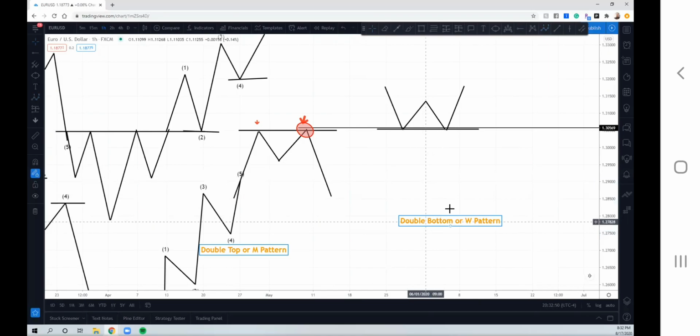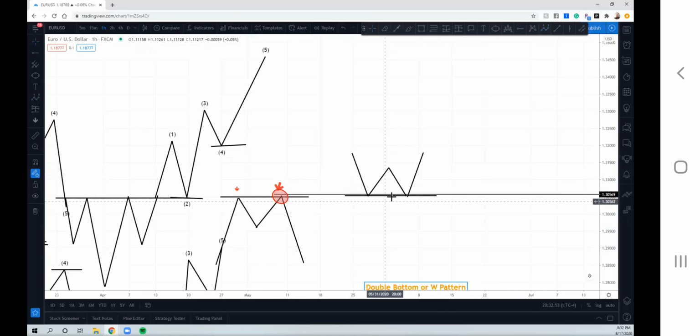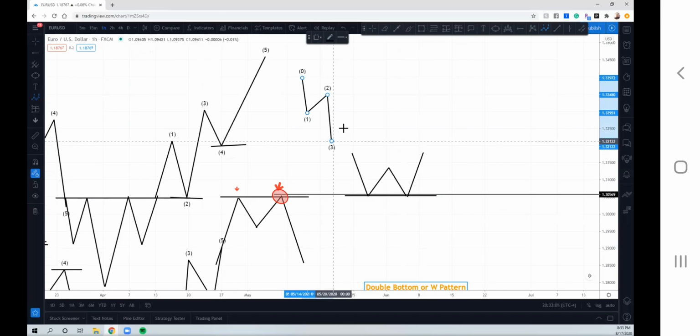Now, a double bottom or W pattern usually happens at a support level or a demand zone, and it happens at the bottom of a downtrend. So we'll have a downtrend like so. Then you'll see two points like this.